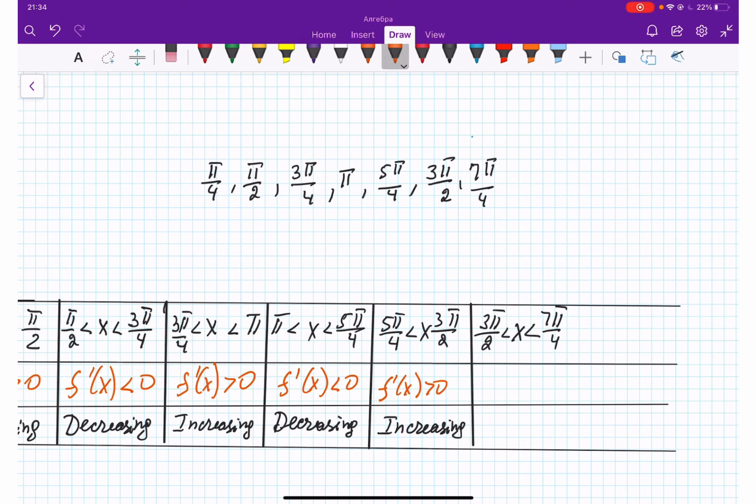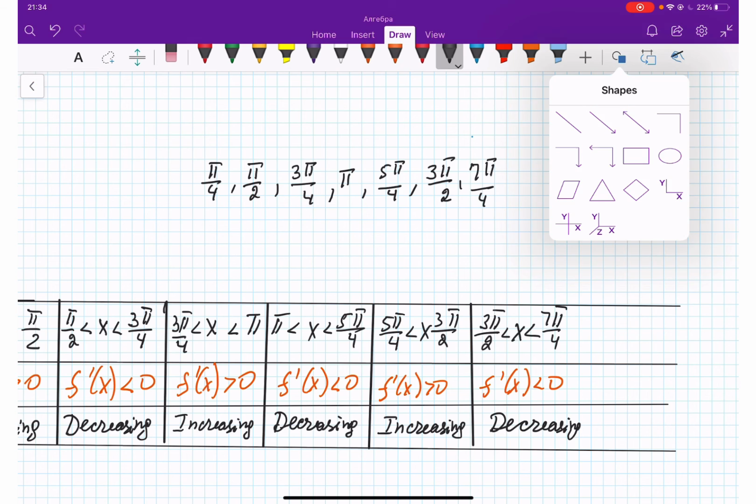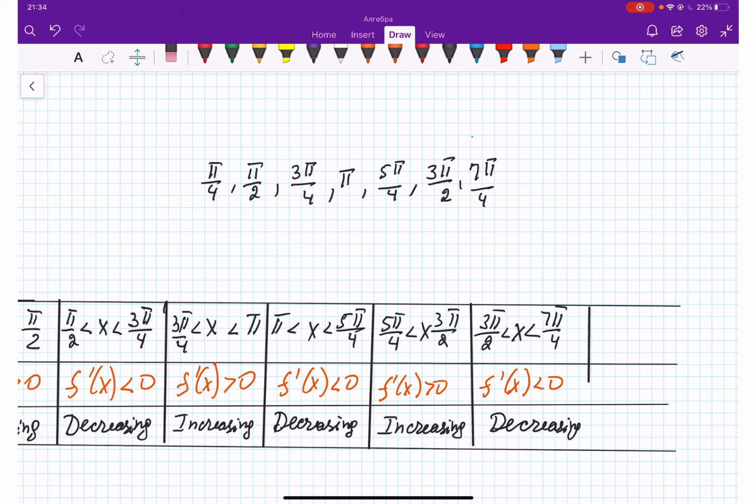Okay, and on this interval f prime of x is negative, so the graph is decreasing, and the last interval is between 7 pi over 4 and 2 pi. Here f prime of x is positive, and the conclusion is increasing.